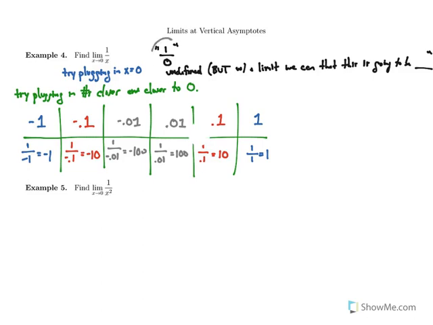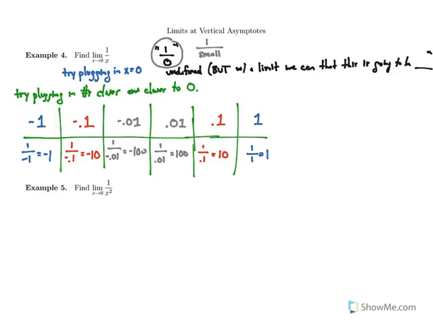Because when we think about 1 over 0, what we're really saying is this is going to be 1 over a small number, a number very, very close to 0, not actually 0. As a limit, we don't actually care what happens at the point. We care about what happens near the point.